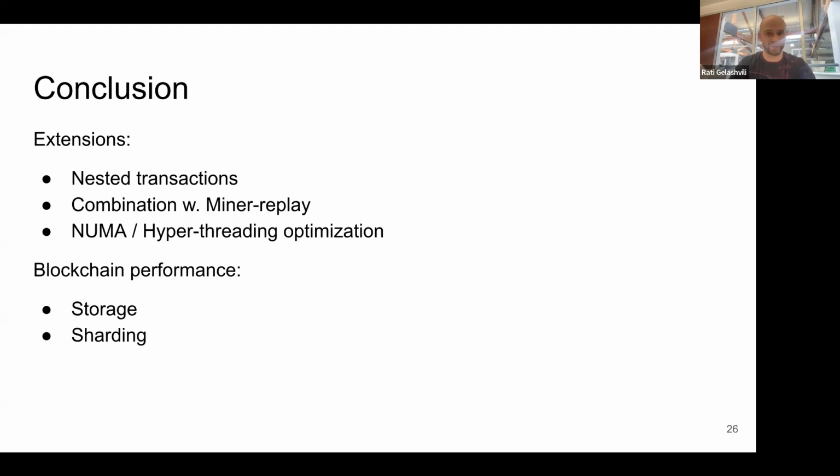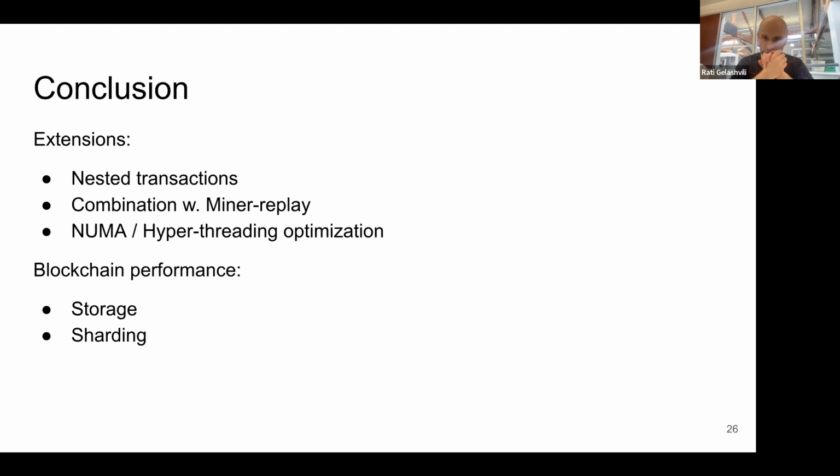But even if consensus and execution were solved for good, storage could be a major bottleneck. And I think we all believe that sharding is going to be a super important research direction for this whole field. I think that's it for me, but please let me know if you have any further questions.